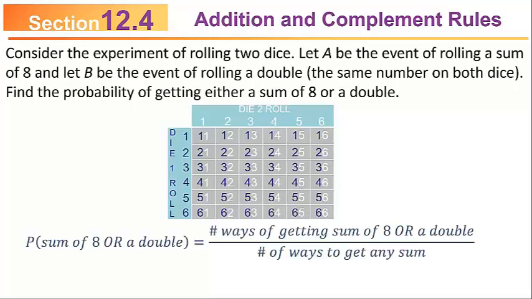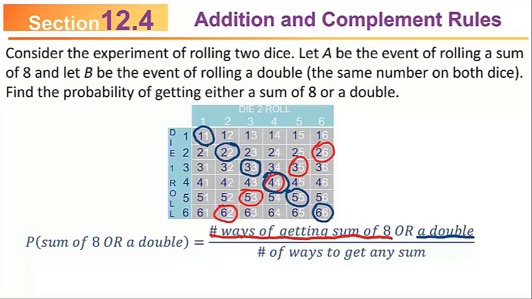The probability of getting an 8 sum or a double is going to be the number of ways of getting a sum of 8 or a double divided by the number of ways to get any sum. So if you look at the numerator, let's first look at the number of ways of getting a sum of 8. You could get a 6-2, a 5-3, a 4-4, a 3-5, or a 2-6. Then look at the number of ways to get a double.